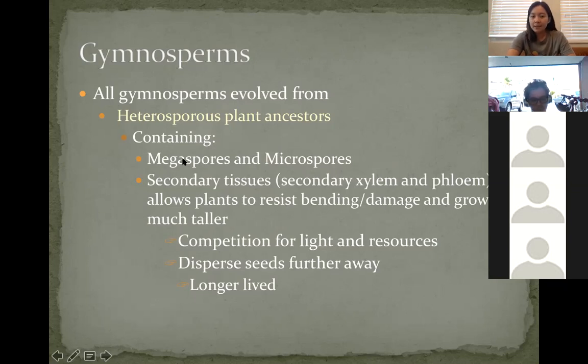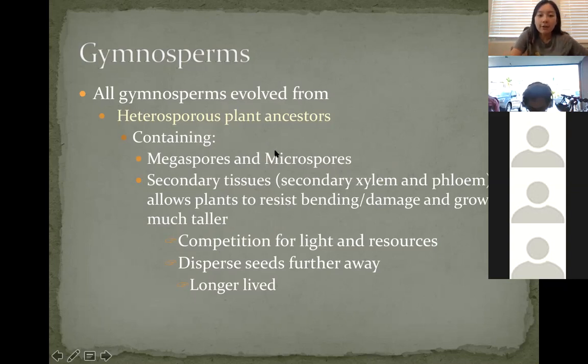So anytime you see the prefix mega, that is always referring to the female, whether it's a megaspore, megagametophyte, megasporangiate cone. Anytime you see mega, it is referring to the female. And anytime you see the prefix micro, that is referring to the male. So microspore, microgametophyte, etc. Anytime you see micro, once again, that is referring to the male structure.